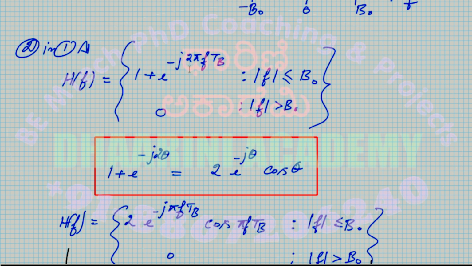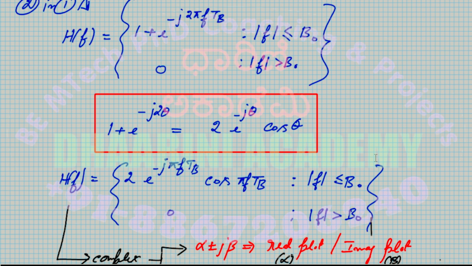Now we'll substitute one property from trigonometry: 1 plus e to the minus j 2 theta can be written as 2 times e to the minus j theta cos theta. So directly substitute that. Theta looks like pi f tb, since in the equation I have 2 times pi f tb, so that's 2 theta.